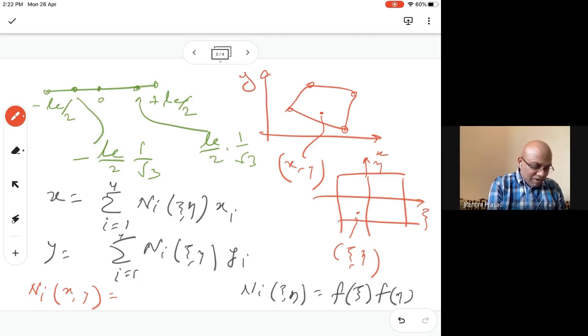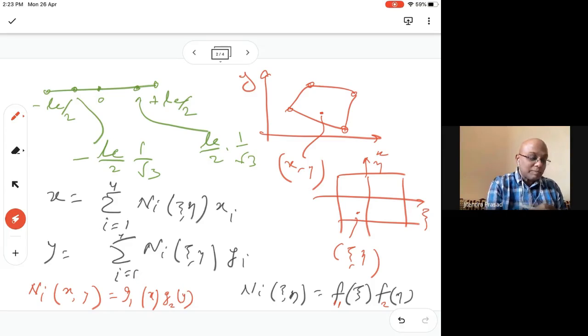So there will be some other function. Let's call these f1 and f2. Similarly, it will be z1 x times z2 y, something like that. Hence we will have an xy term there. So there will be an x term, a y term, and an xy term.